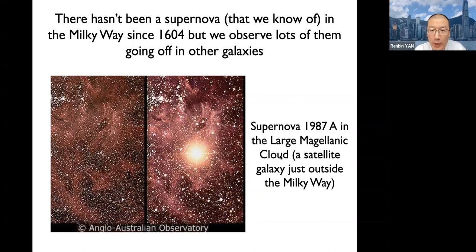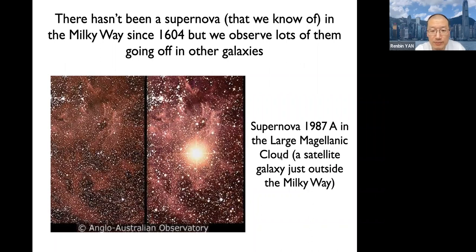In our Milky Way, we haven't had any of these supernova observed since 1604. For about 400 years, we haven't had a supernova of this kind in the Milky Way. We expect something will happen, but maybe it's in a faraway part, in the opposite part of the Milky Way that we didn't see, or we're just unlucky that there hasn't been a supernova recently.